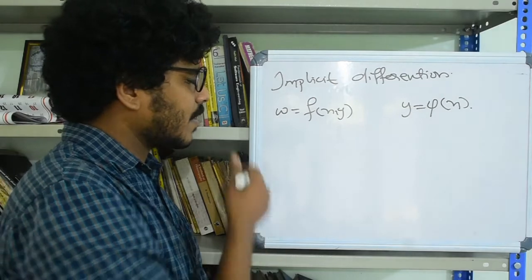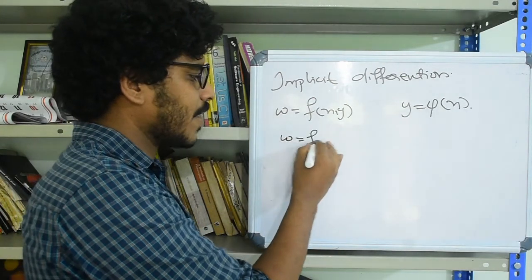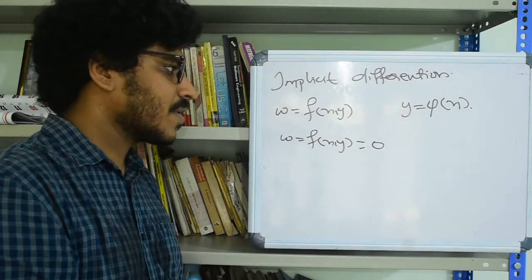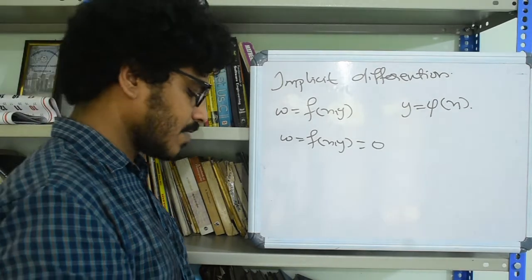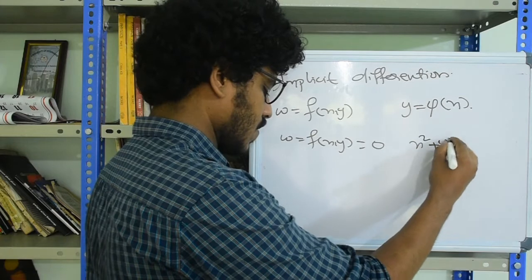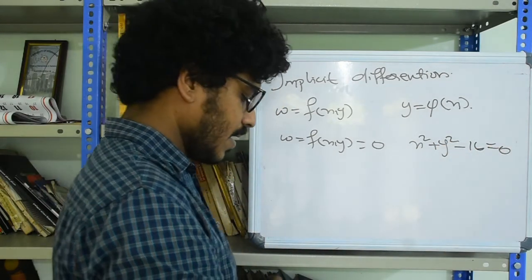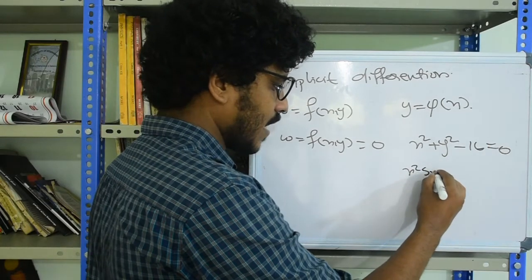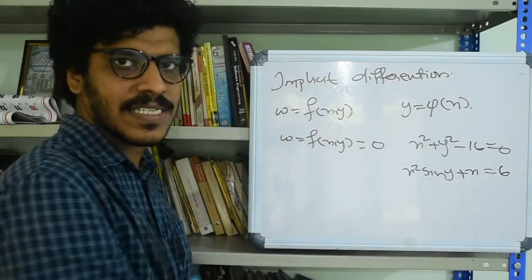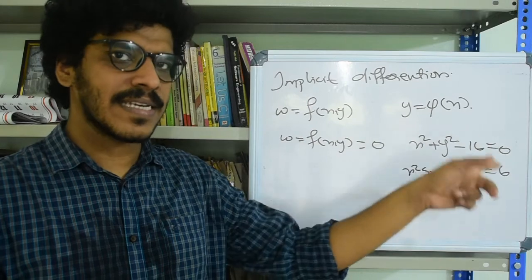We may denote an implicit function in a special form, like w equal to f of x, y equal to 0. You will see why we do this. As an example of an implicit function, x square plus y square minus 16 equal to 0 is an implicit function. And again, x square sine y plus x equal to 6 is an implicit function, since you can identify y as a function of x here.